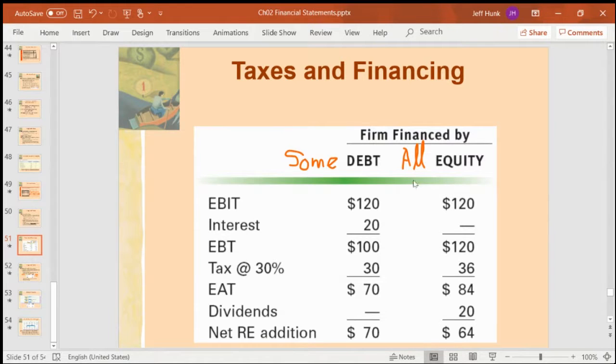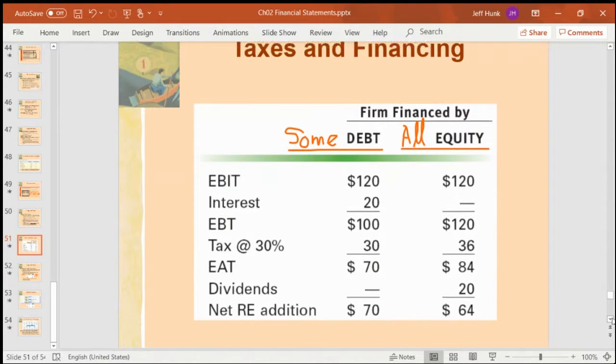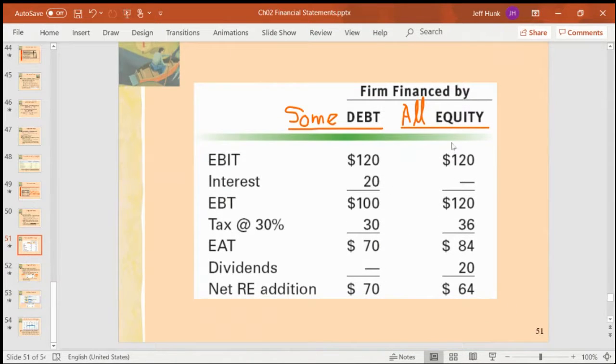Two companies, one with some debt, the other with all equity. Let's take a look at the all equity company, 100% equity. Their EBIT is 120, let's say million. They don't pay any interest because they don't have any debt. Then their EBT will be 120.